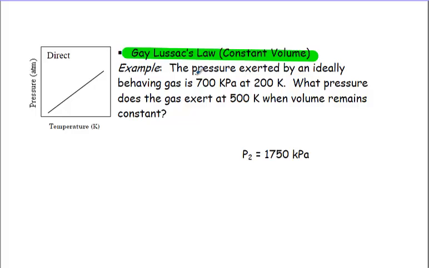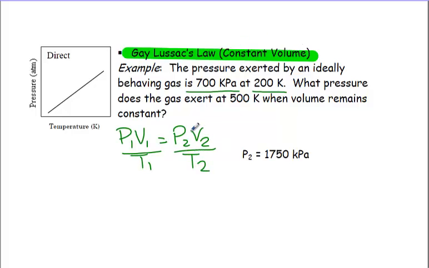So here's an example. The pressure exerted by an ideally behaving gas is 700 kilopascals at 200 Kelvin. So we have good temperature units here. What pressure does the gas exert at 500 Kelvin when volume remains constant? What we're going to do is set up our equation. Now we know it's constant volume, so we're taking out the volume.